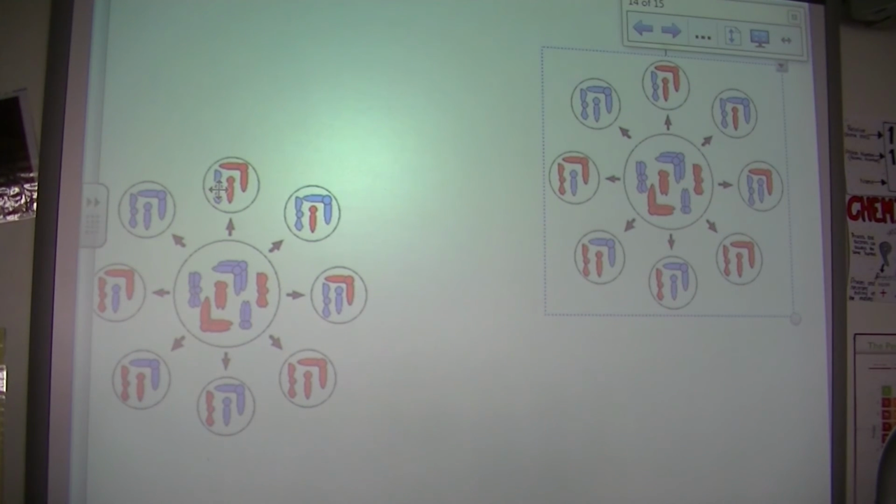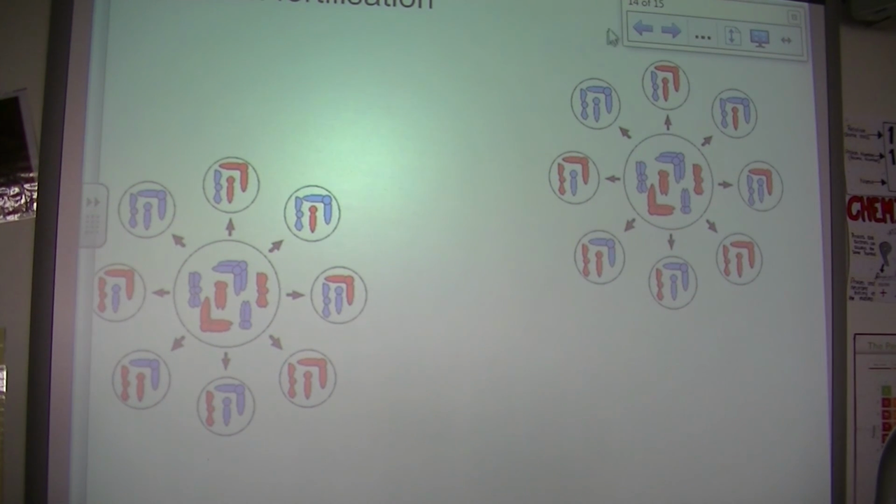It could be that this gamete joins with this gamete, and that will give a different combination of alleles to this gamete joining with this gamete. So this is random fertilisation, which refers to the fact that there are various combinations of gametes and that which ones fuse together is completely random.